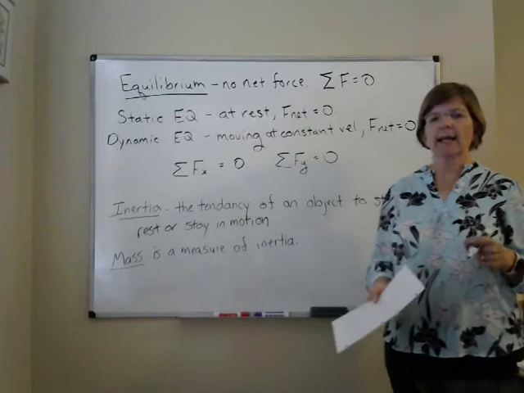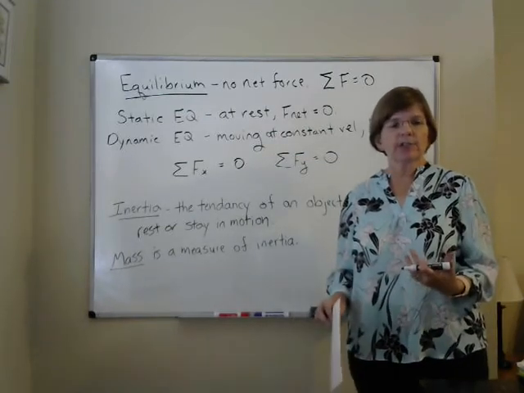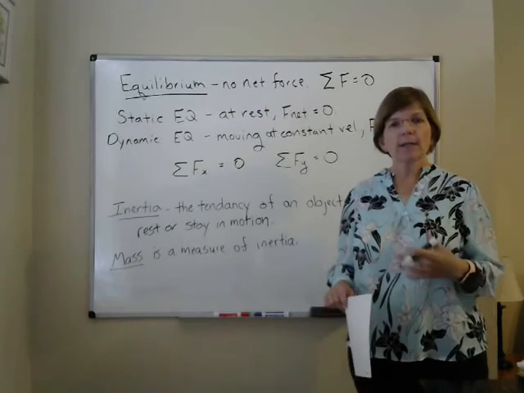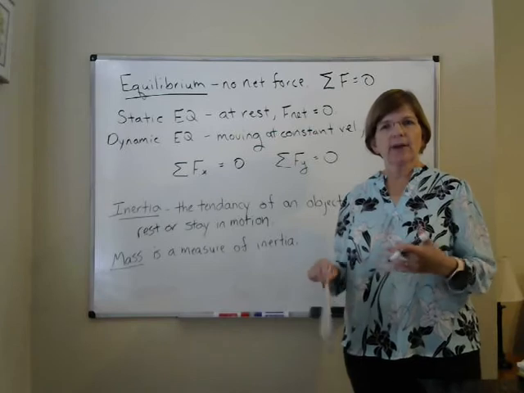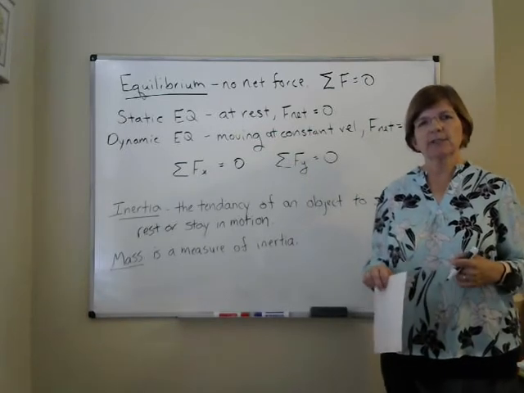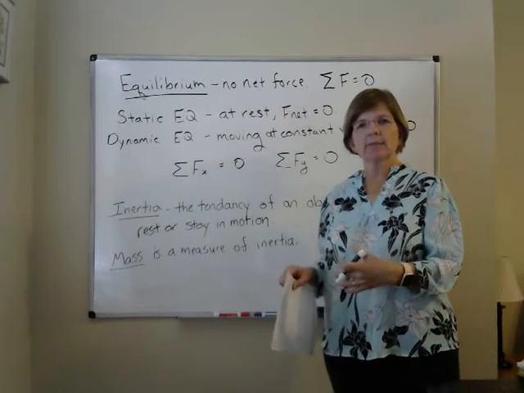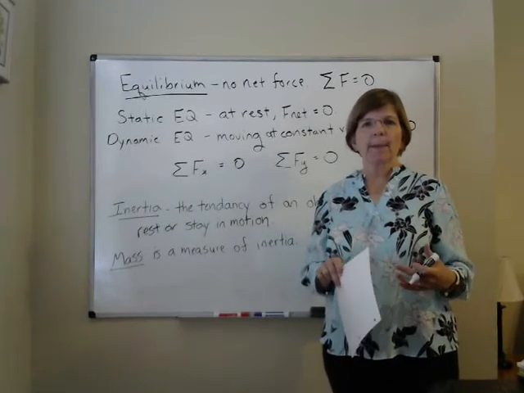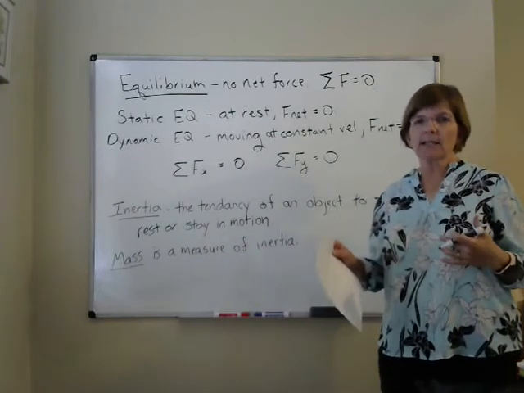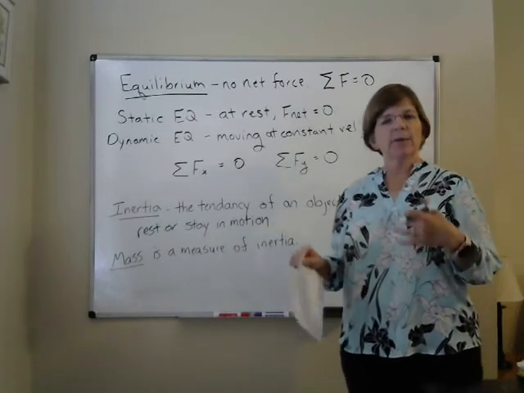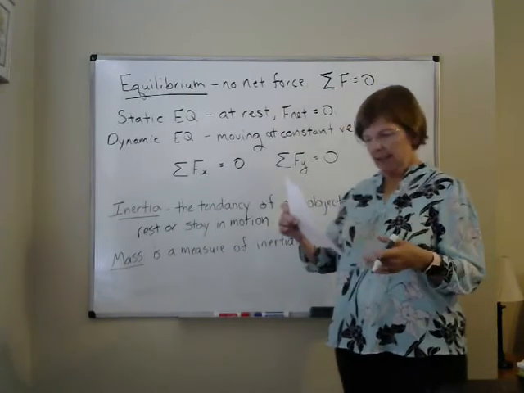But what we found out through extensive testing and experimentation is that there's no quantitative difference between inertial mass and gravitational mass. So even though we are in a sense doing two different types of experiments to measure inertial mass or to measure gravitational mass, we get the same result. So we don't have to spend a lot of time worrying about the difference. There are two different ways to define mass, but they both give us the same number.